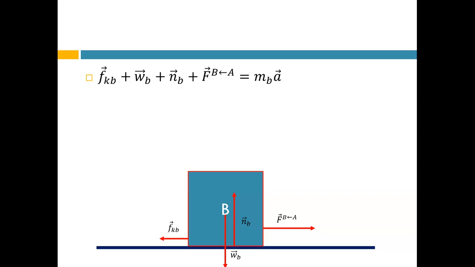What if B had a bigger acceleration than A? Can that happen? Can B have a bigger acceleration than A? Why? Okay, what would happen if that was the case? Nope. Given the situation here, if B has a bigger acceleration than A, what is B going to do with respect to A?